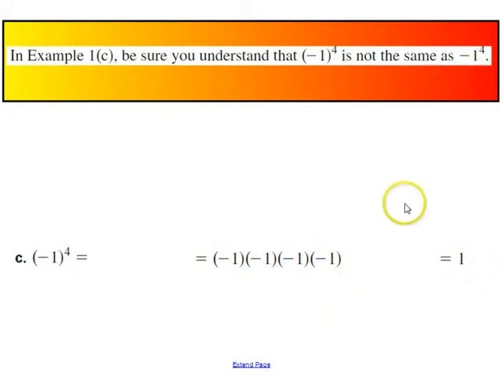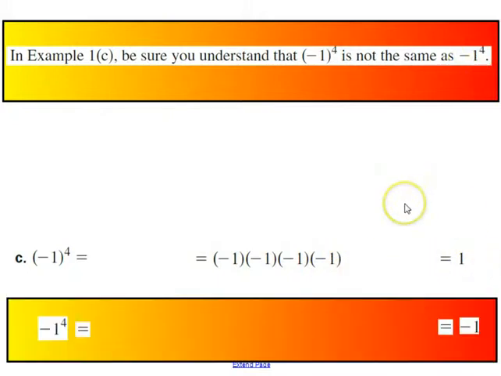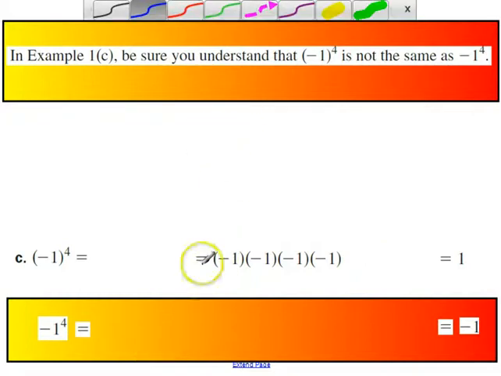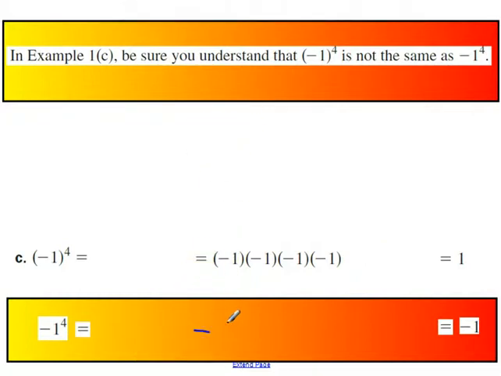But in the second case here, negative 1 to the 4th, what you actually have here is a negative sign times 1 times 1 times 1 times 1. Only one negative. Why? Because the exponent only applies to what it's immediately next to, and it's immediately next to that 1.